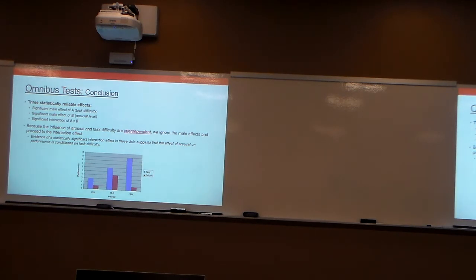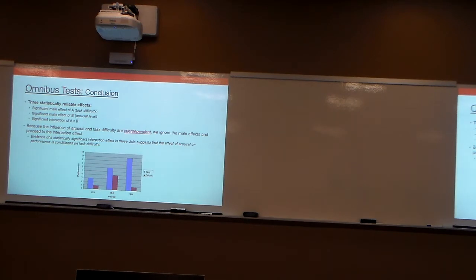So if I have a main effect of arousal, what does that suggest with this design? That arousal is somehow affecting performance. Right, okay, so we can put it that way. Our main effect of arousal is just saying that collapsing across task difficulty, or ignoring task difficulty, performance differs at some level of arousal, right?